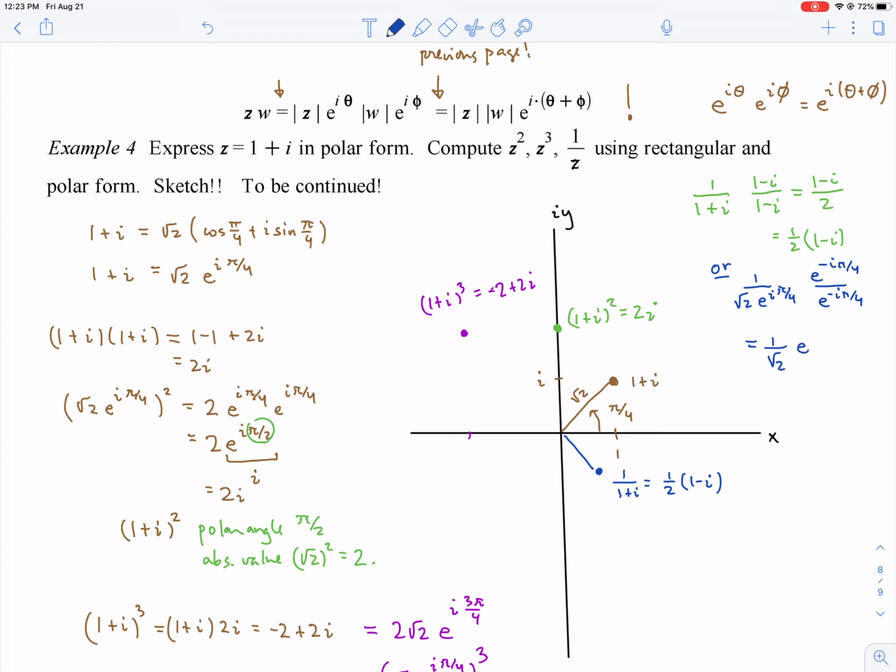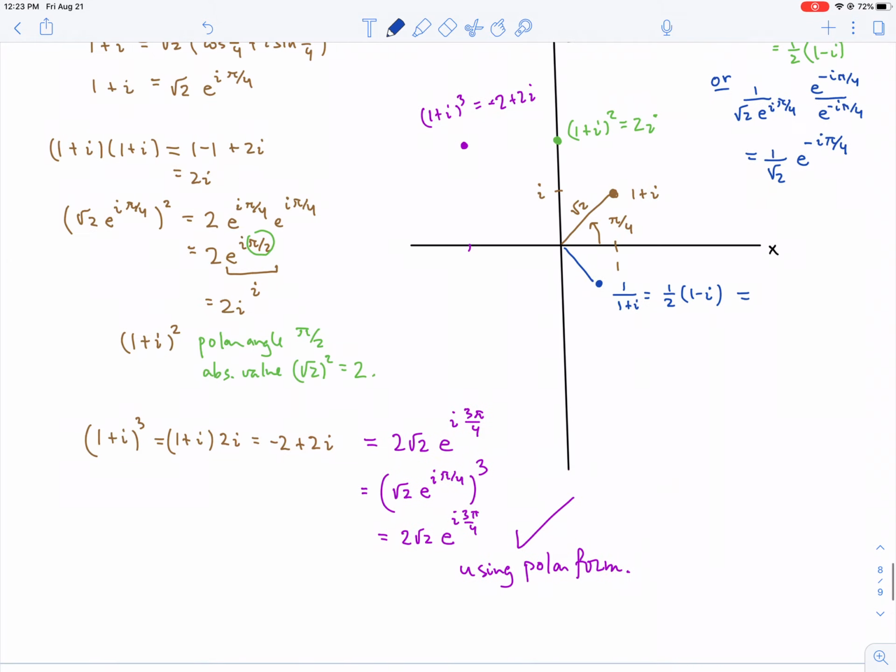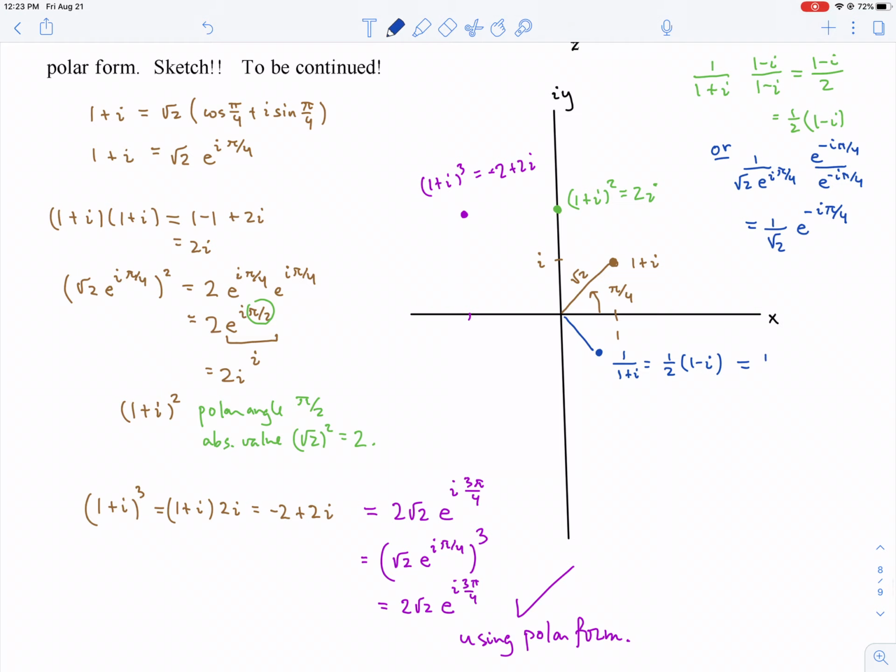And then I have e to the minus I pi over 4. So in polar coordinates, 1/2 times 1 minus I has modulus 1 over root 2, which you could check in Cartesian, and as you can see, the polar angle or argument is minus pi fourths.